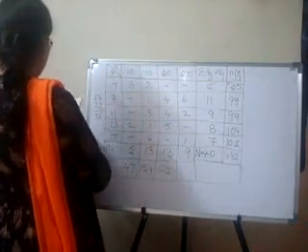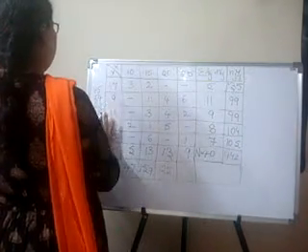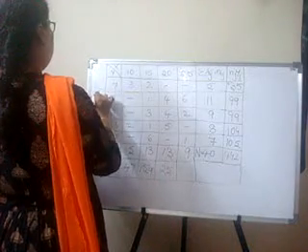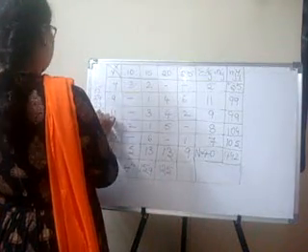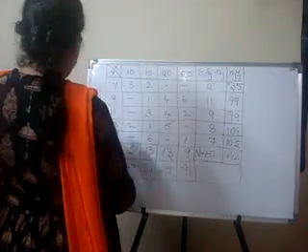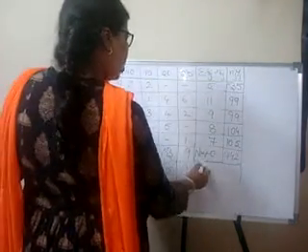Correct? 15 ones are 50. Here 90. So that is 440.